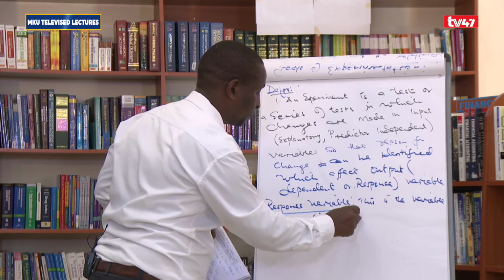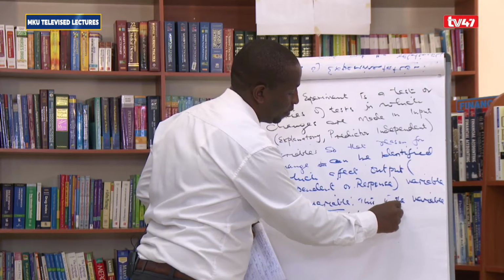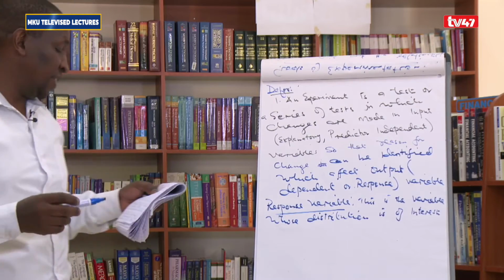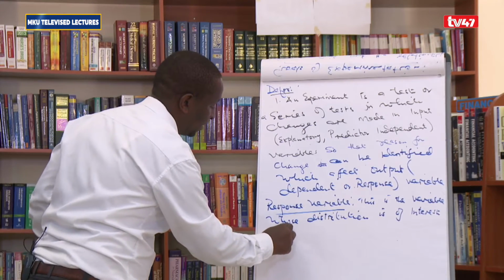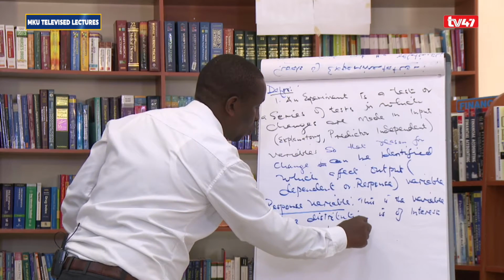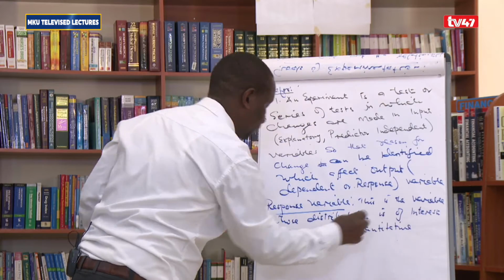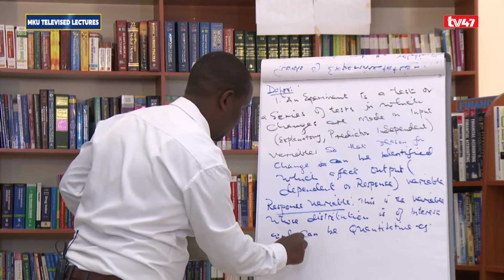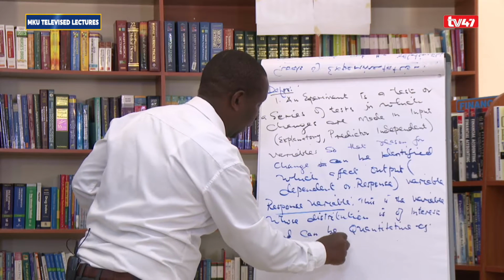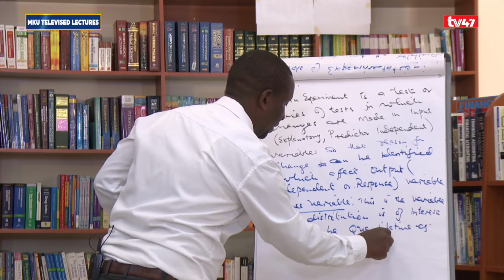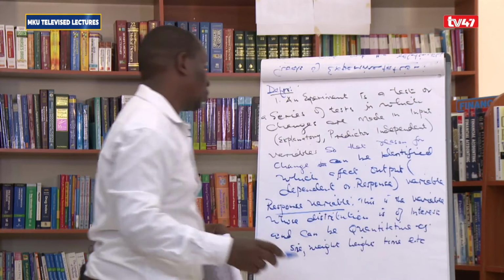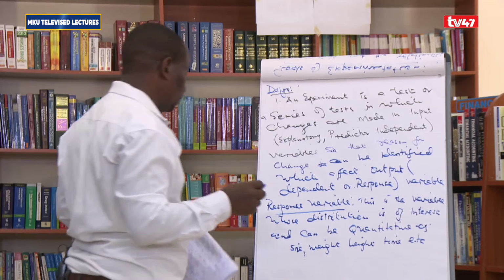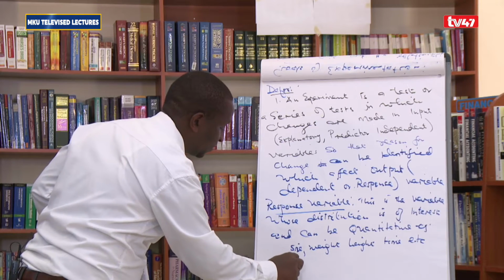This is the variable whose distribution is of interest, and it can be quantitative, that is size, weight, height, time, etc. A quantitative variable is a variable that takes numerical values, or it can also be qualitative.